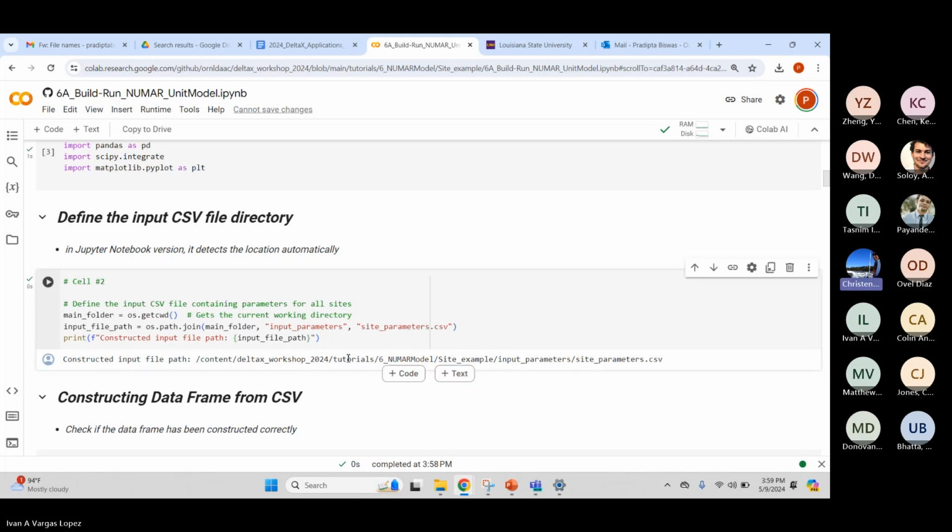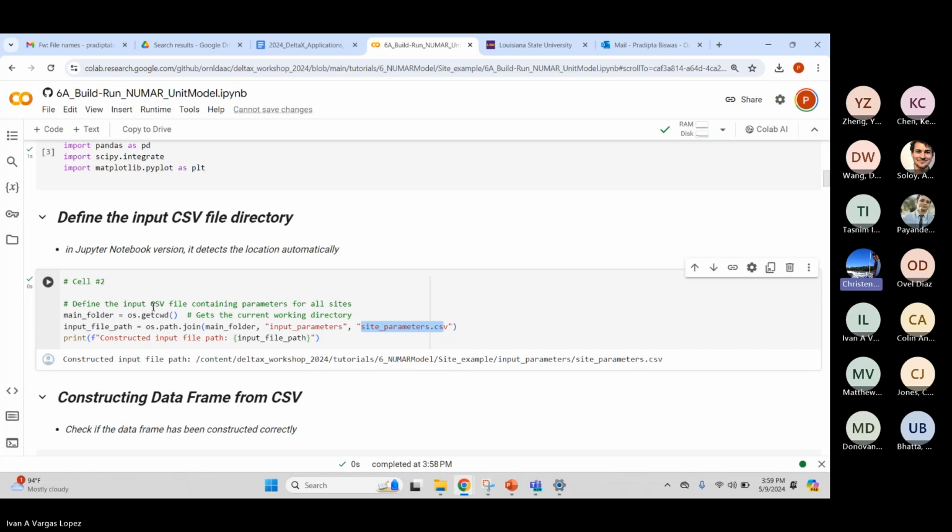If you want to change anything, like the input file, you have to change it here. It is set to site parameters CSV. It is locating its main folder where the code is located, and inside the input parameter folder, the site parameter CSV is located.